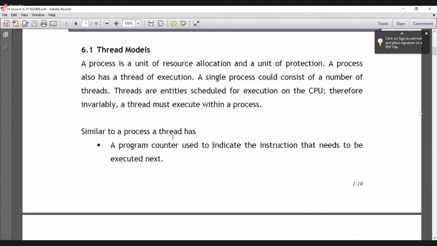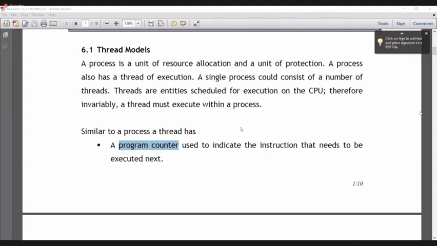But we keep something called a program counter. So when you execute one instruction, this program counter will show us what to execute next. In the program counter, it's in the order of instructions you may run during execution.